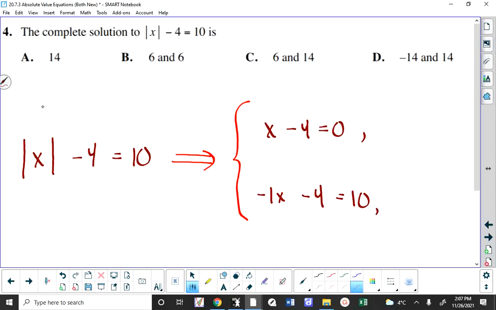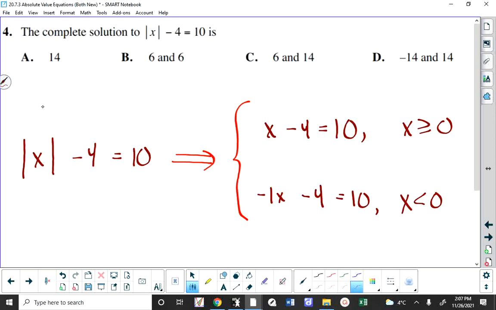If x is greater than or equal to 0, that equation is true. If x is less than 0, then this equation is true. You with me? What I'm saying in layman's terms is that this equation, the absolute value of x minus 4 equals 10, becomes x minus 4 equals 10 whenever you don't need the absolute value signs.